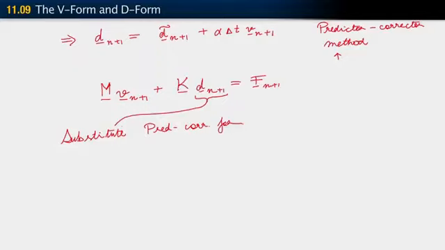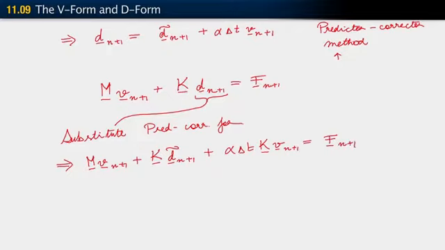All right. What that does then is leave us with m v at n plus 1 plus k dn plus 1 tilde plus alpha delta t k v at n plus 1. Okay? All of this equals f at n plus 1. All right?